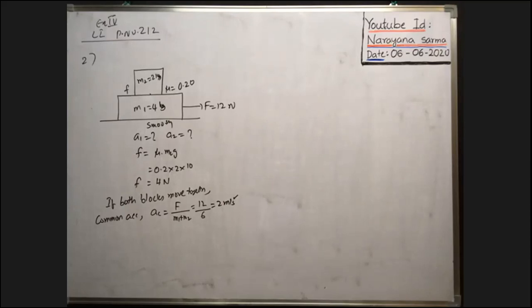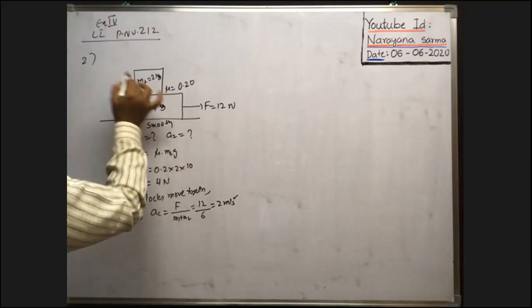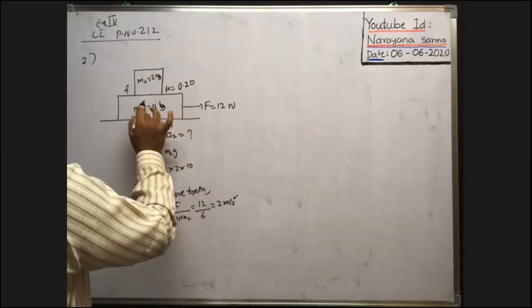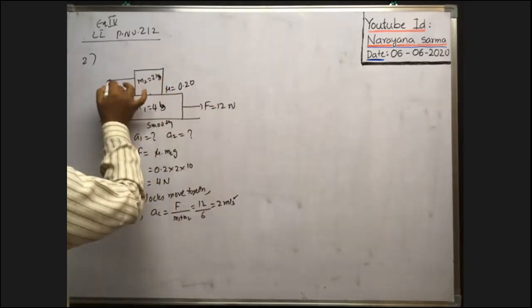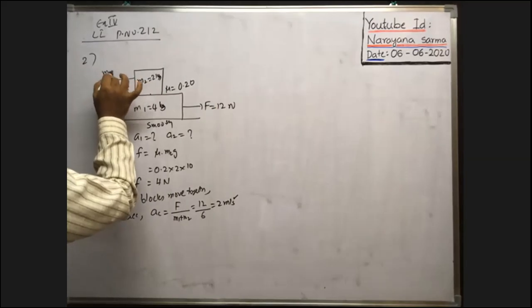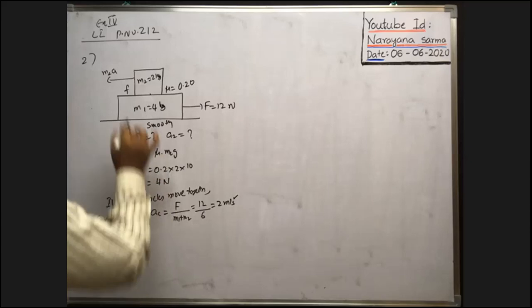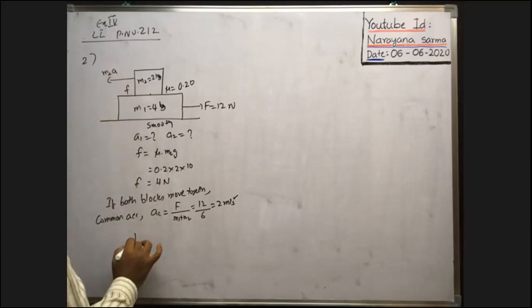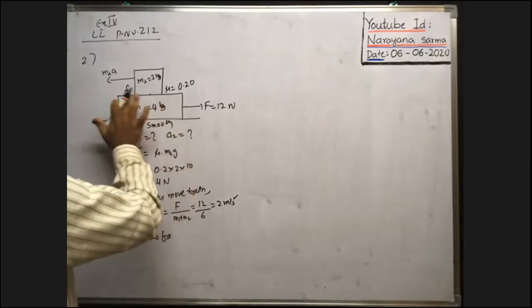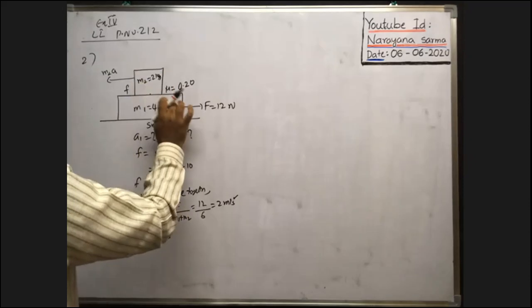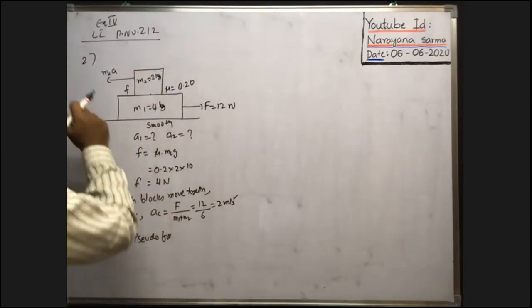Okay. So therefore, what is the pseudo force acting on the block? Whenever the two blocks travel like this, the upper block also travels with this acceleration. Therefore, pseudo force acts on the block in the backward direction, m2 into a. Pseudo force acts on the upper block because whenever the lower block travels with acceleration a in forward direction, with respect to it, pseudo force acts on the upper block in the opposite direction.